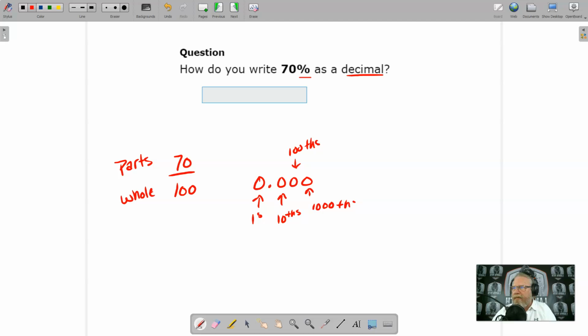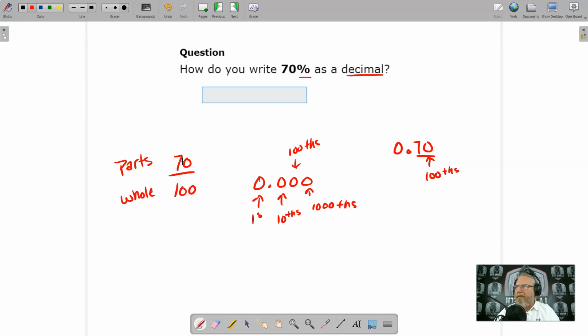So if we're talking about 70 100ths, where would we want to put that number? I was thinking we'll put the 7 there, but not actually. If we write 0.70, then we read it to the decimal place. Here is 100ths, and this number is 70, so we would read that as 70 100ths.